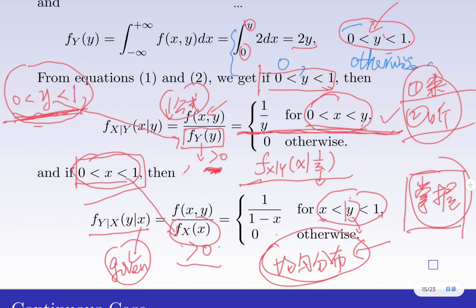Not very difficult, just very basic operation. Combining 1 and 2 we get 0 smaller than y.